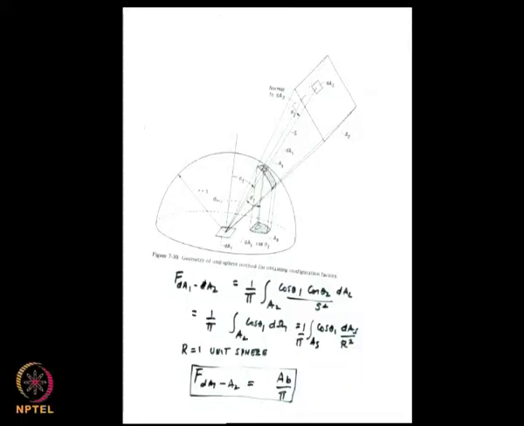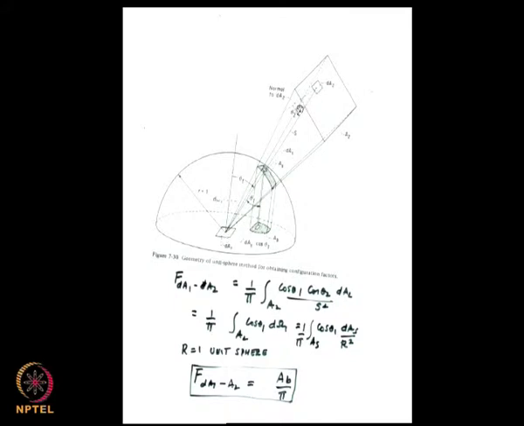In the last lecture, we talked about an empirical method for finding shape factors. This is used in the industry when you have complex shapes and you may not be easily able to find a standard expression for that. So, here is an example where you have the object dA1 and you want to find the shape factor from dA1 to dA2.